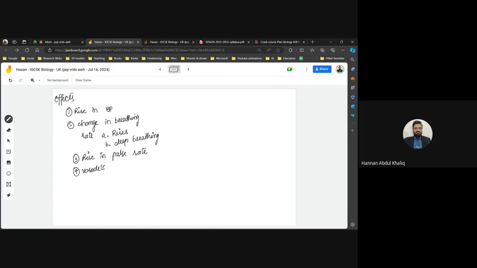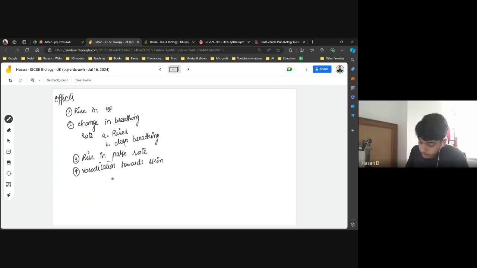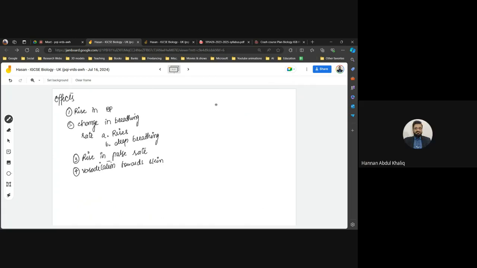Number four, vasodilation towards the skin. What is vasodilation? Did I tell you? No, you haven't told me. Vaso refers to vessel, and dilation means expansion.